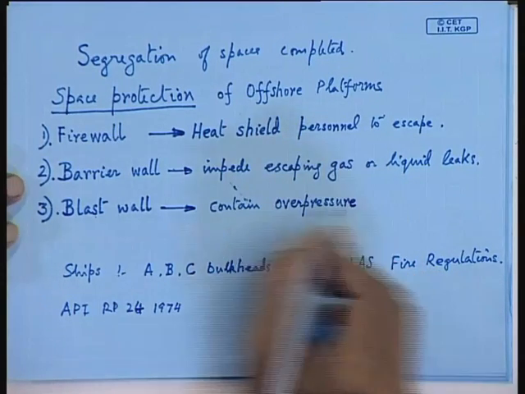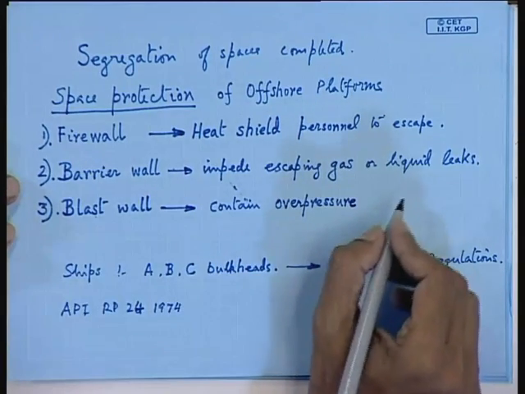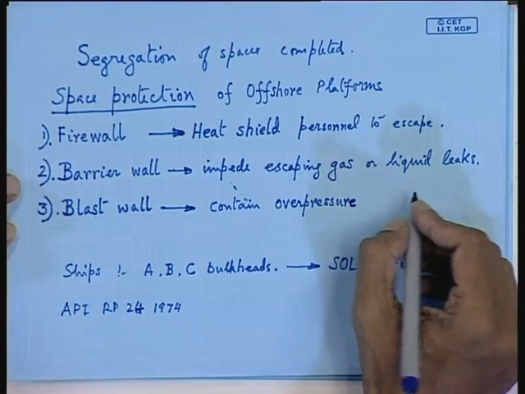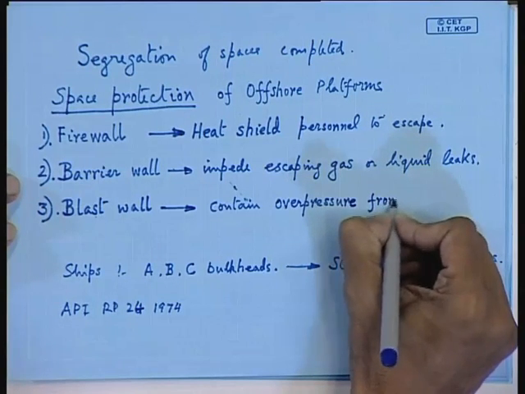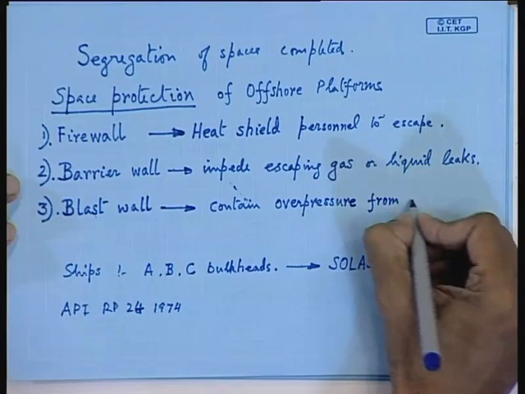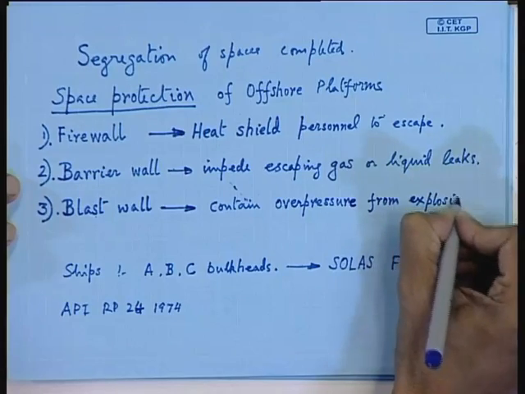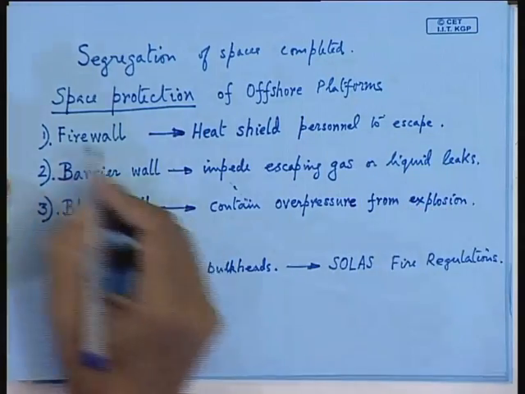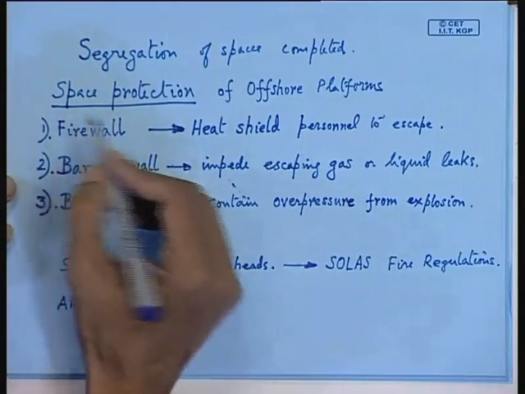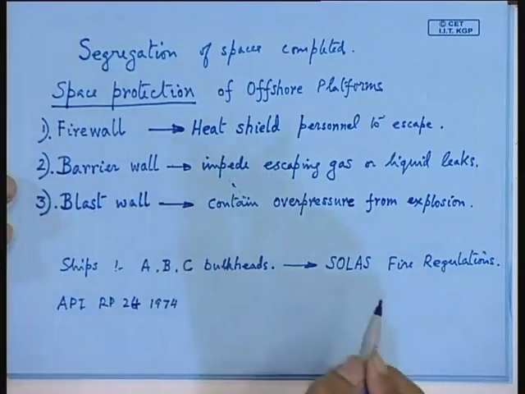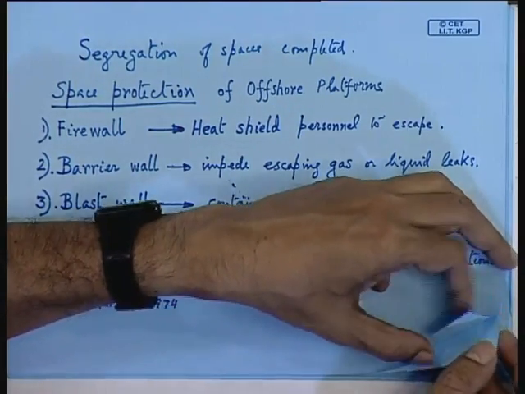So, blast walls have to be designed to be specifically strong to contain overpressure from explosion. After you have segregated the spaces, you give protection to the spaces by either firewall, barrier wall or blast wall. So, remember this in your topside GA plan.